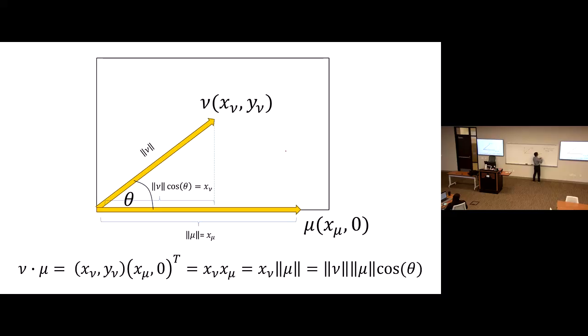So now my equation is that the product of these two vectors equals the coordinate x_v times the length of u. And you don't have this term because this is 0.